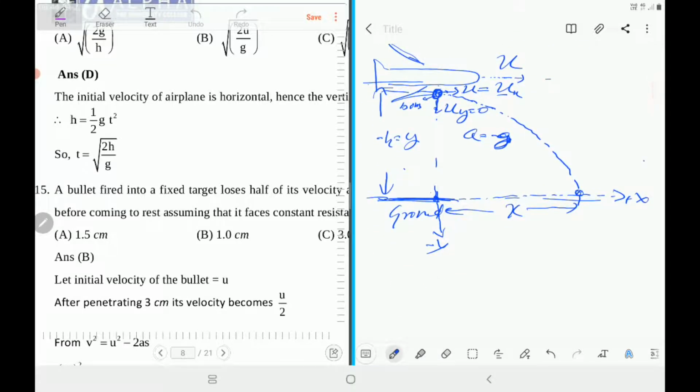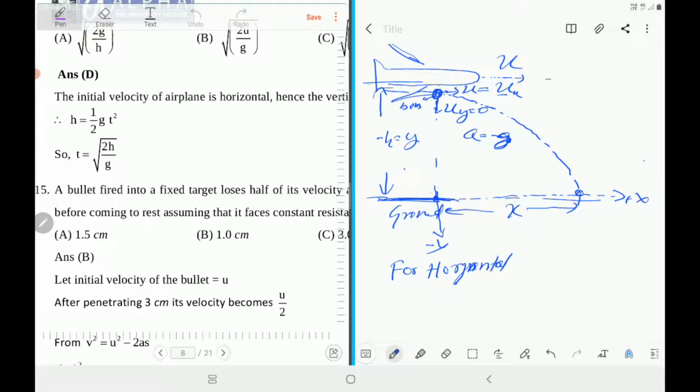Now you can use two relations. For horizontal motion, remember students, you analyze this as two cases. Horizontal motion, no acceleration. Why? Gravitation force acts only vertically, no horizontal gravitation, no horizontal acceleration. So velocity doesn't change.